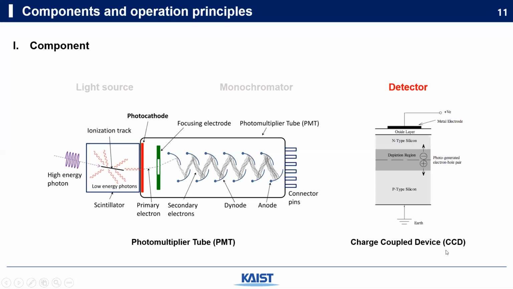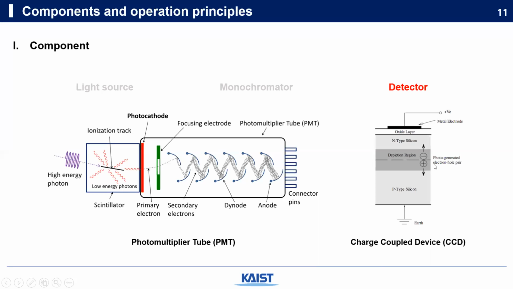In a CCD, electrons are not released out of a material, but when light is incident, electron and hole pairs are created, inducing current and being detected as an electrical signal. This is called an internal photoelectric device. By applying a voltage on the oxide layer, electrons can be collected over a certain period of time.